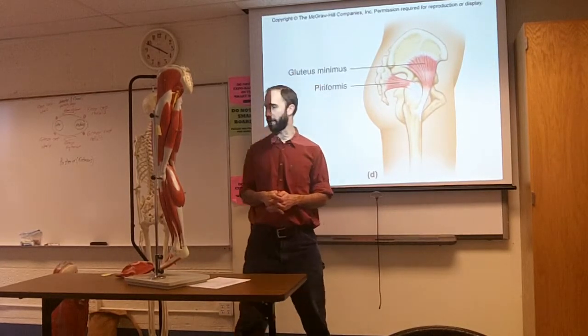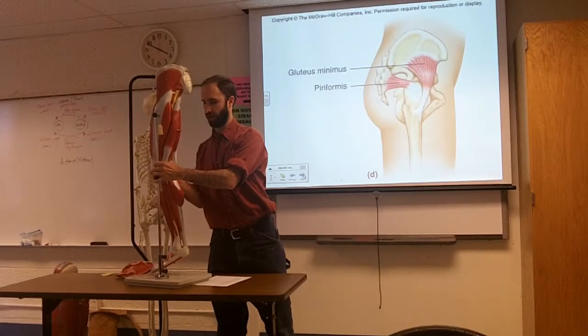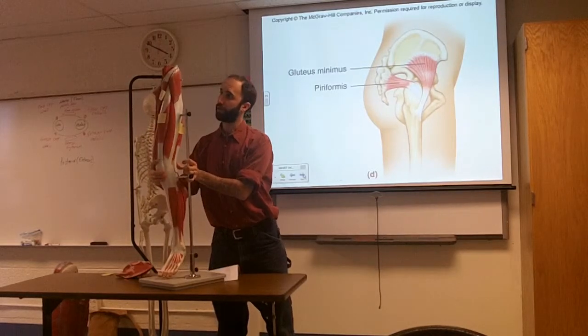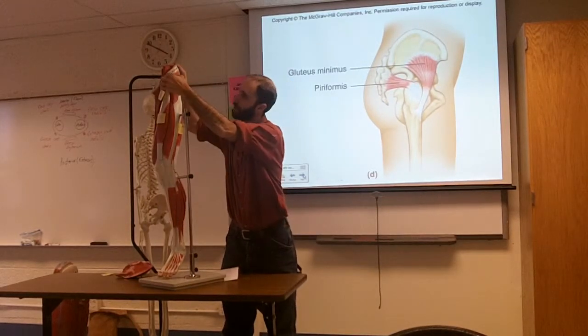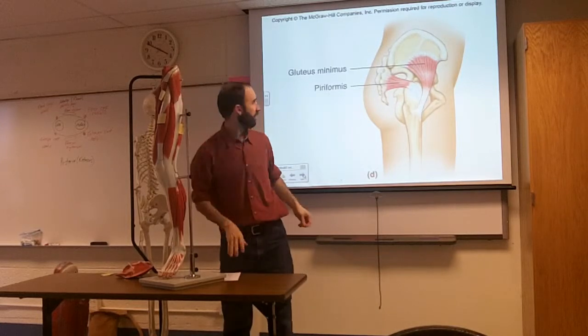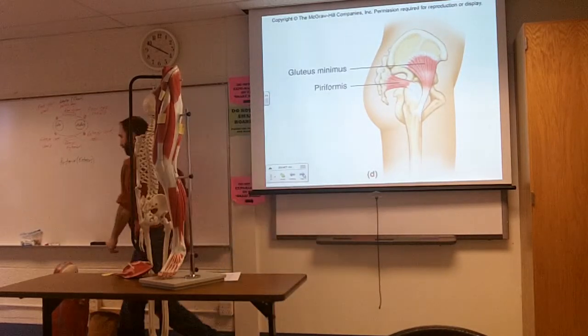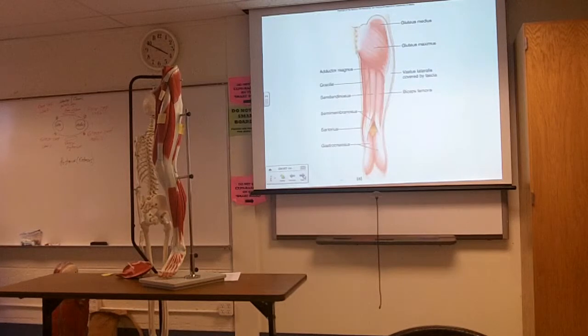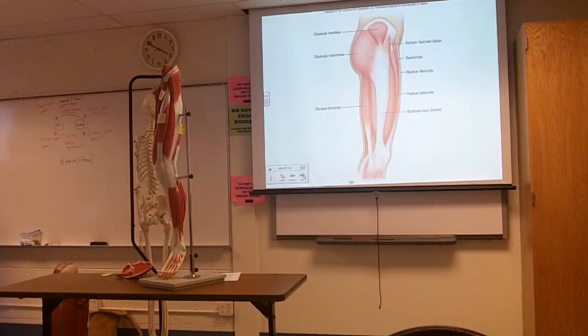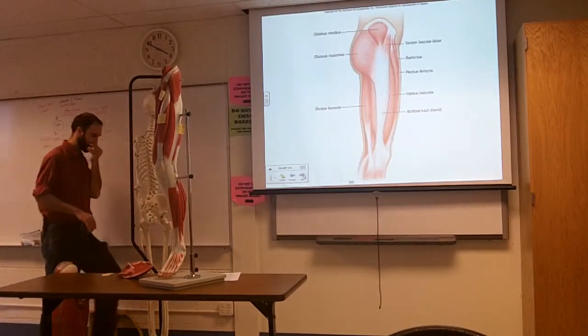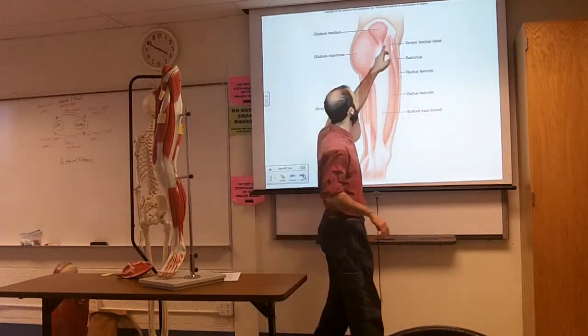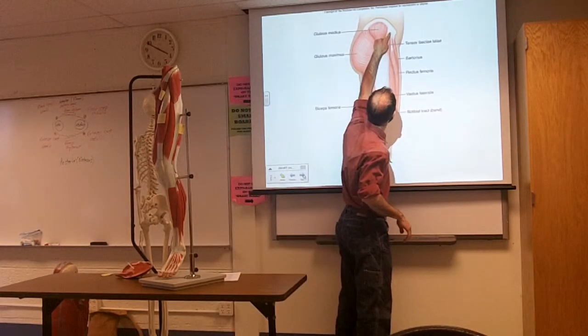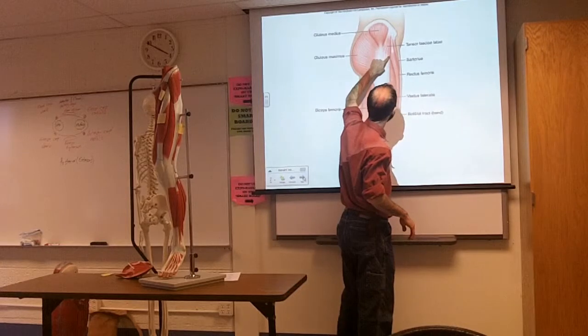Tensor fascia lata is just anterior to glute medius. So it's this guy right here. And we'll get back to the slide where you can see that. There you go. There's tensor fascia lata. There's glute medius. Tensor fascia lata is just anterior to that.